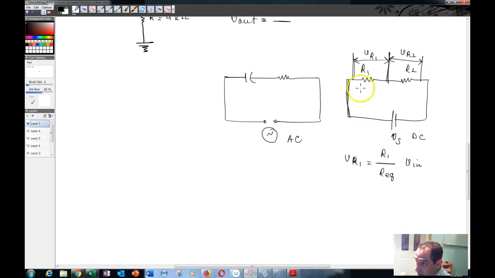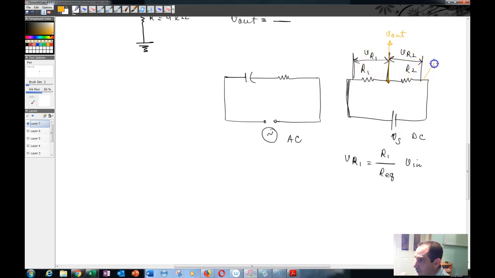But anyway, in this circuit, if you want to calculate, for example, the voltage across this resistor, which is of course the voltage at this point. If you call this voltage V of out, and if that voltage was with reference to the ground, then that would be the voltage across R1.